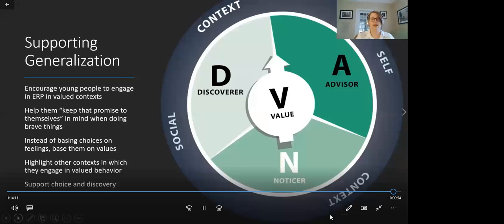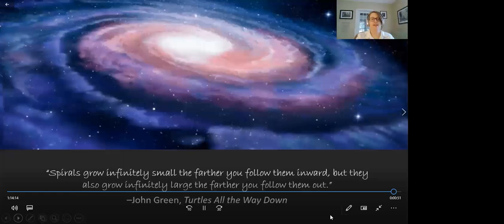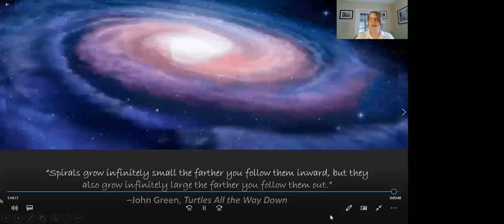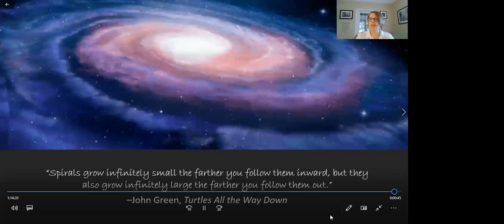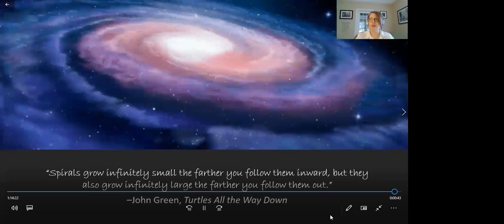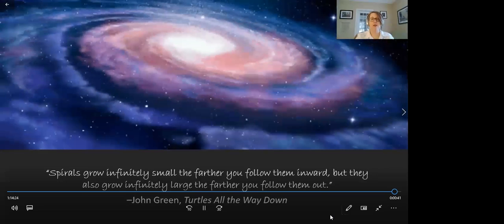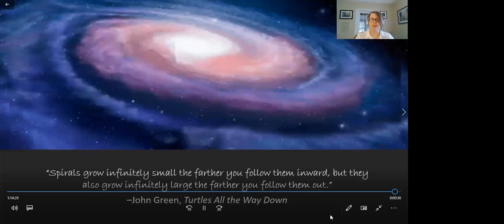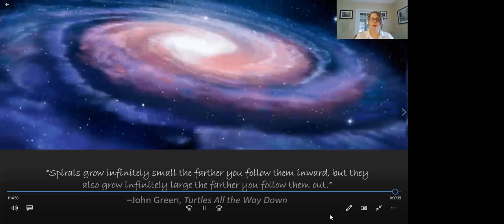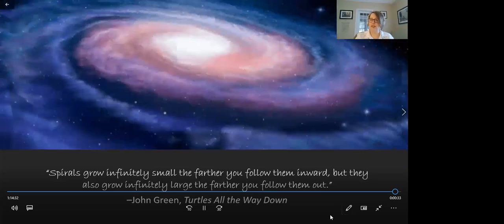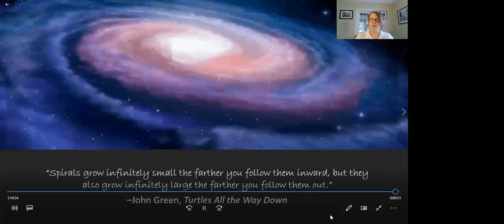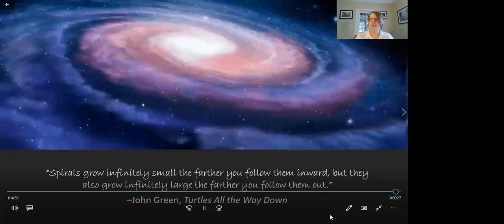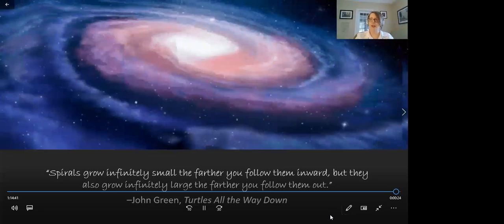Okay, so I'm going to skip ahead to the end, and I'll end with this really beautiful quote from John Green, whose young adult novel, Turtles All the Way Down, if you haven't read it, is about a young protagonist with OCD. And he says, spirals grow infinitely small the further you follow them inward, but they also grow infinitely large the farther you follow them out.